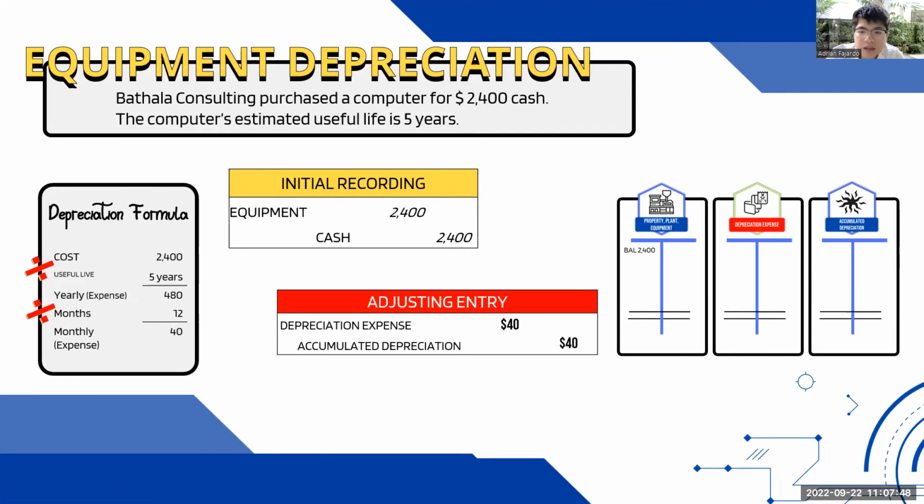So we have to adjust them by debiting depreciation expense of 40 and accumulated depreciation credit ay 40, right? And therefore, our new balances would be 2,400 pa rin si PPE, depreciation expense rose to 40 and ACDEP rose to 40. Pero pagbabanggain mo naman to na the 2,400 the property plant minus the accumulated depreciation 40 would give you the true value of your equipment at 2,360.